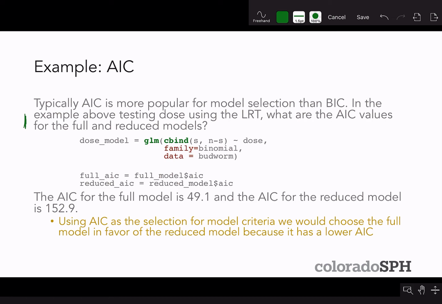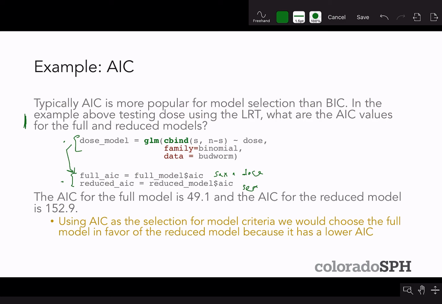To remind you, the full model has sex plus dose, and the reduced model has sex alone. And then we're going to also run this other model that only has dose. So these two models are nested within each other. The dose model is nested within the full model, but the dose model and the reduced model are not nested models.